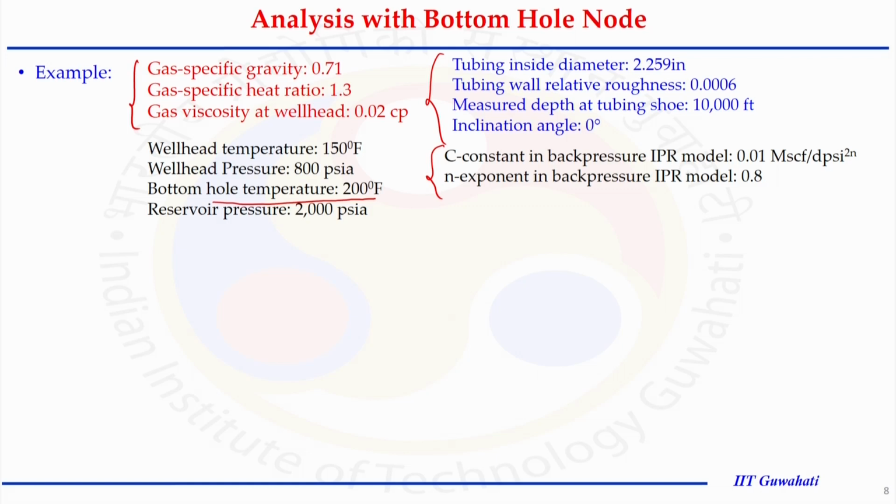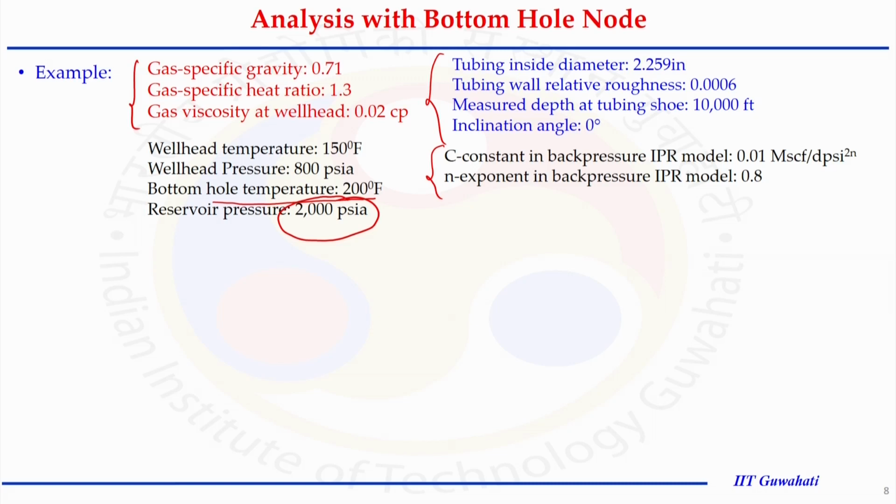It means that with this information, what we can understand is that the IPR relation used to characterize this flow is in the form of the back pressure equation, where C and N are given to us. We can choose either the P square or pseudo-pressure approach, but as we can see here, the reservoir pressure is 2000 psi, and if the reservoir pressure is around 2000 psi or below, we should go with the P square approach.